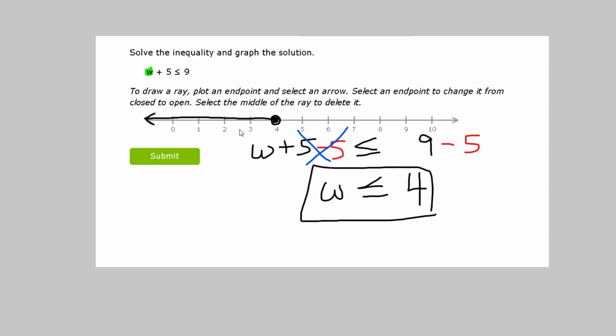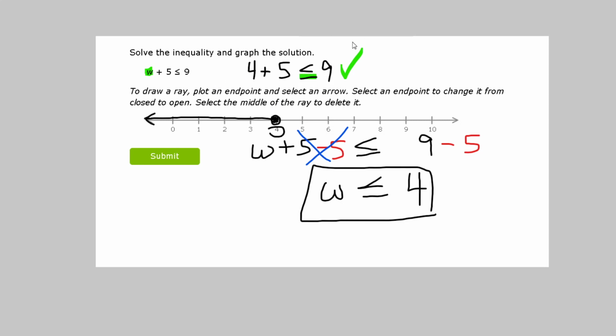And you'll see if you plug in any of these numbers, it's going to be less than or equal to 9. Let's try plugging in 4. 4 plus 5 is 9. 9 is equal to 9, which is allowed since we have this bar.